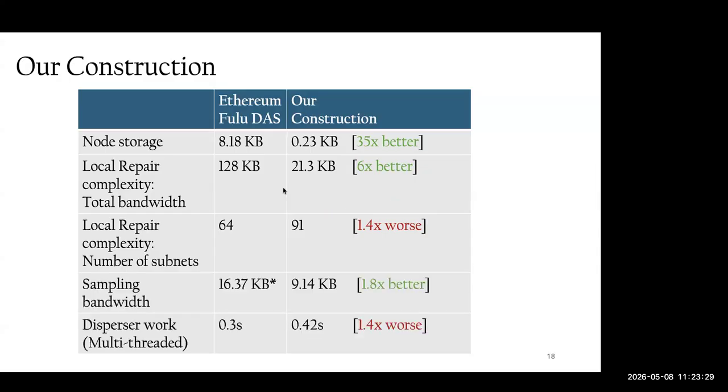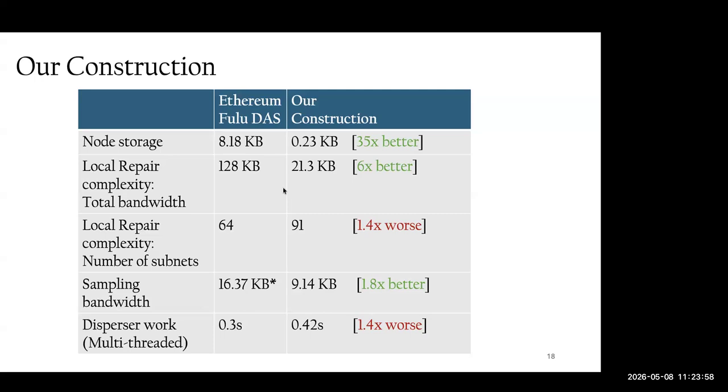And then we have two more metrics. The first one is sampling bandwidth. So this is saying how much sampling does a single verifier have to do to get some guarantee that their data is being stored. So for Ethereum, this is 16 kilobytes for their parameters, but for us, this is 9 kilobytes. So we're actually also saving on the amount of sampling every verifier has to do. So the overhead for our scheme is actually in dispersal work. So here, essentially, because we're using a bit more complicated encoding and commitment, as we'll see later on, the dispersal work is a bit higher.